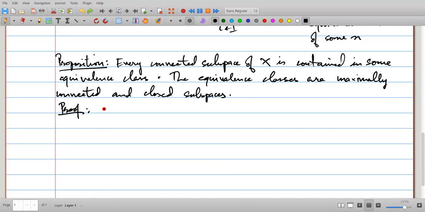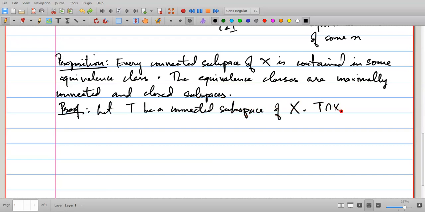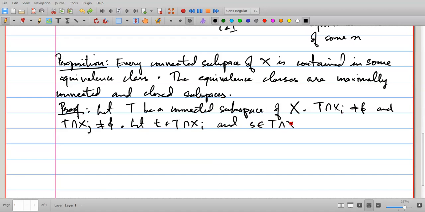So to prove the first assertion, let T be a connected subspace of X. Now suppose T meets Xi and T meets Xj. So let t belong to T intersection Xi and s belong to T intersection Xj.